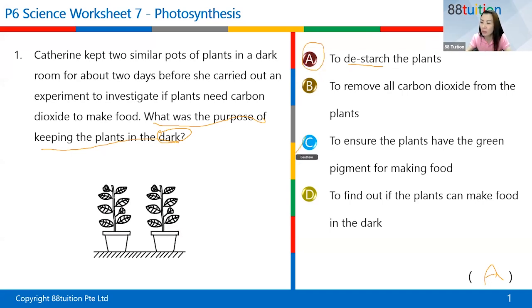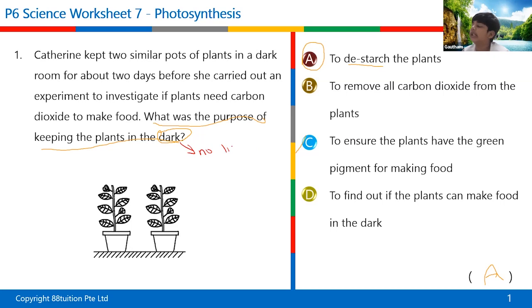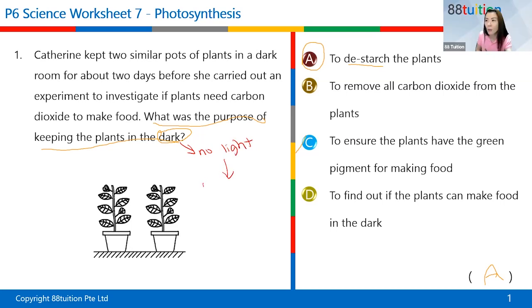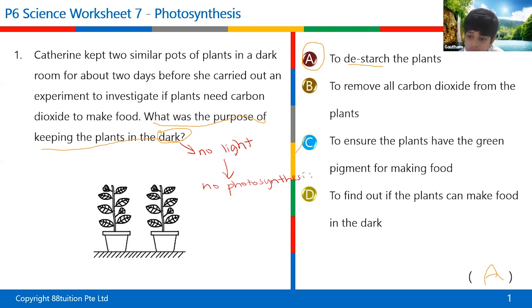Okay, so your answer is for de-starching the plants. Can you explain a little bit about your answer? Because they kept it in the dark and then there is no light, so it cannot store any starch because it doesn't produce sugar. No light means no photosynthesis.